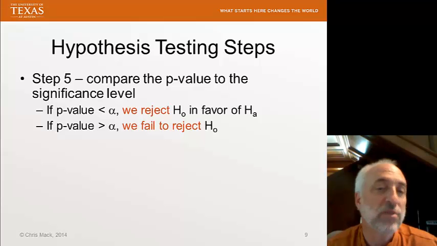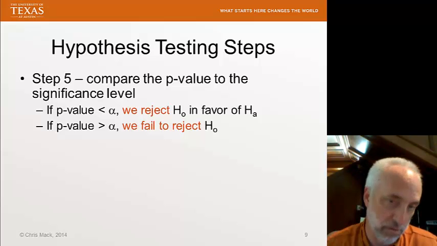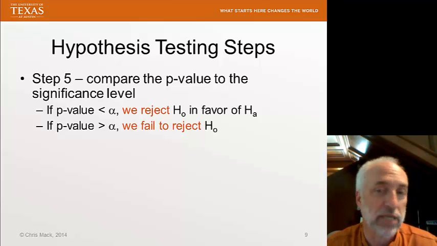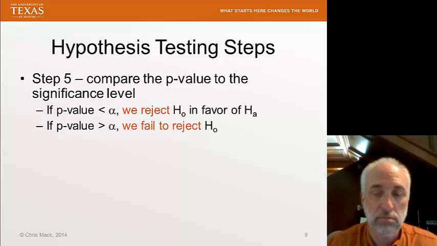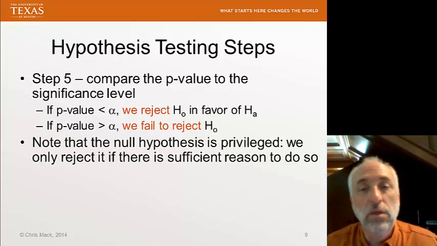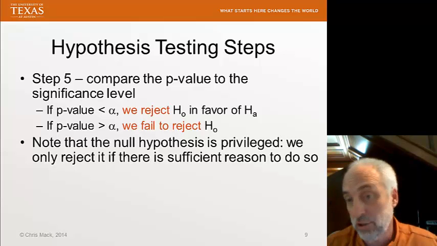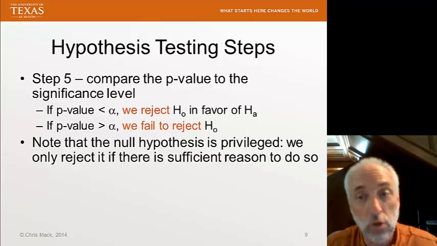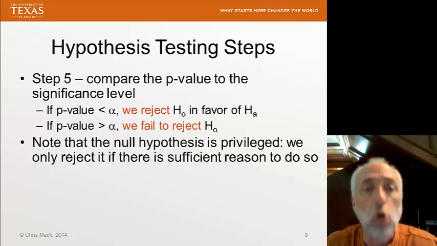However, if the p-value is greater than alpha, we fail to reject the null hypothesis. Note that the null hypothesis is privileged. As I said before, our default is that we believe the null hypothesis to be true, and we will only reject it if there is sufficient reason to do so.